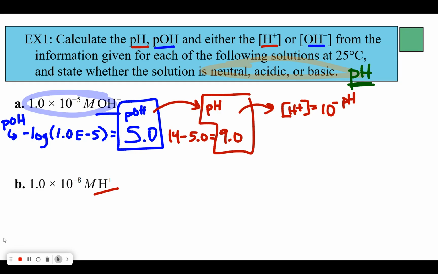And I think since I already have this pH, it's less button pushes and a little bit more reliable to do 10 to the negative of that pH value. So I'm putting in my calculator 10, second log, 10 to the negative 9.0, and it tells me my answer is 1 times 10 to the negative 9.